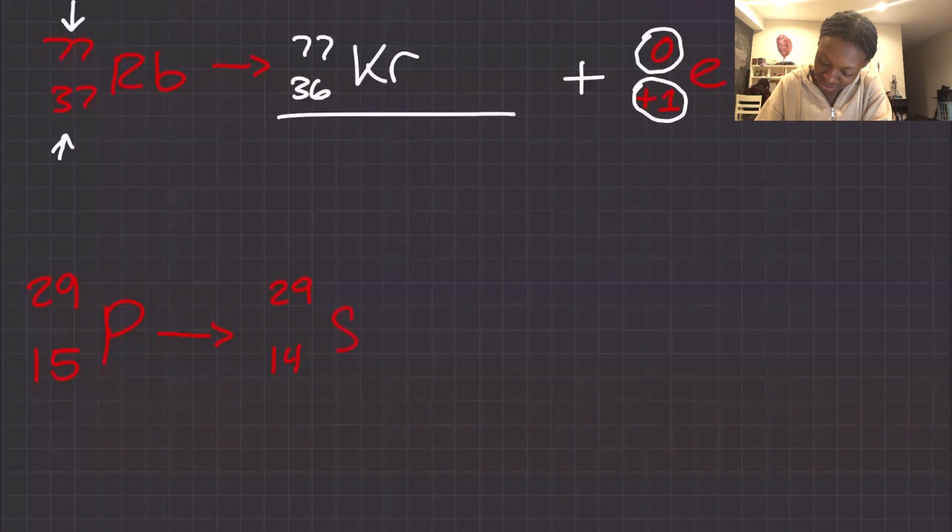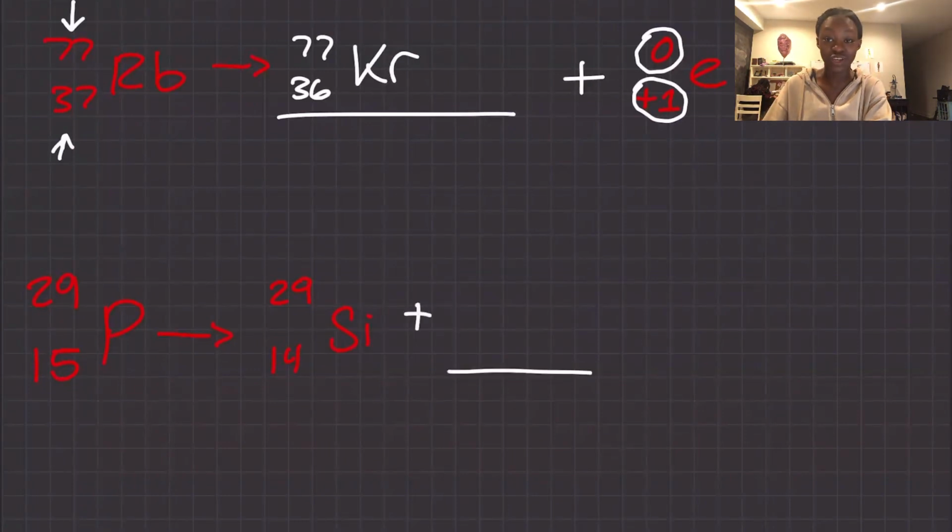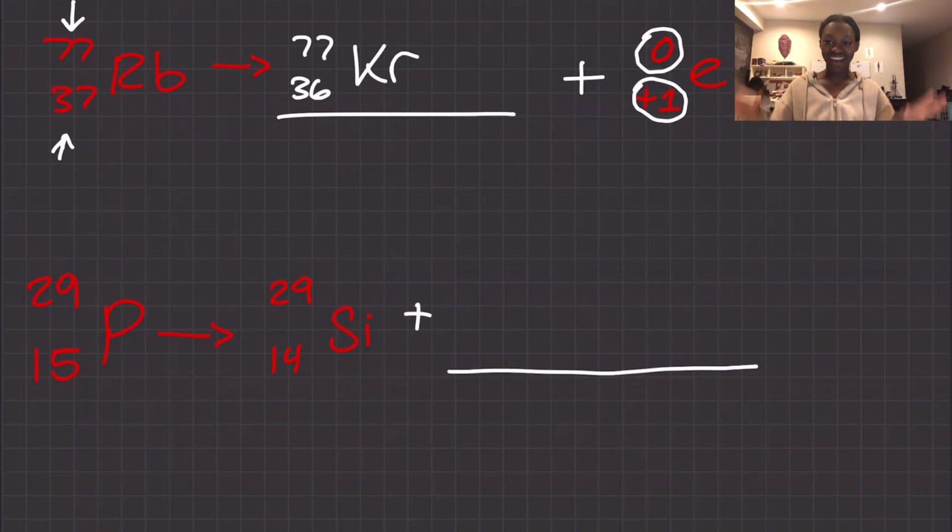And here's the twist, an unknown nuclear radiation. So this time, for the first time in the entire video, we are solving for the nuclear radiation instead of the element or isotope. So we have to think backwards a little bit.